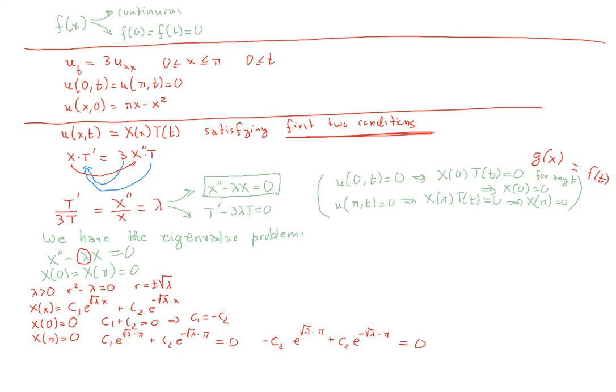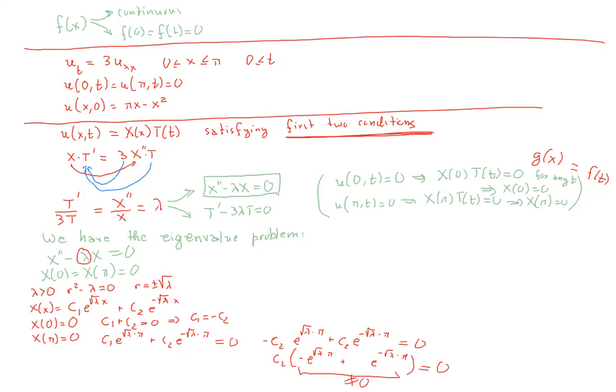And when you factor out c2, what you get is c2 times the quantity minus e to the square root of lambda times pi plus e to the negative square root of lambda times pi. And this number that you have here is never 0, never 0.